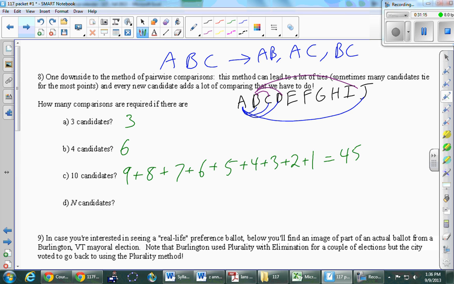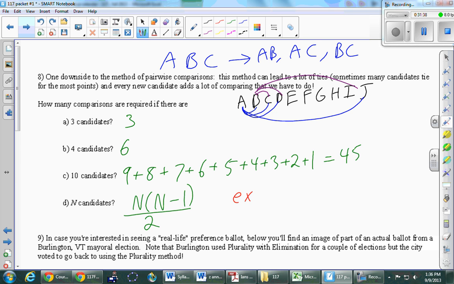45 is good. Okay, so now I'm going to show you that there actually is a very compact way to get this number without even going through that calculation. So here it is. N times n minus 1 divided by 2. That's the magical formula.